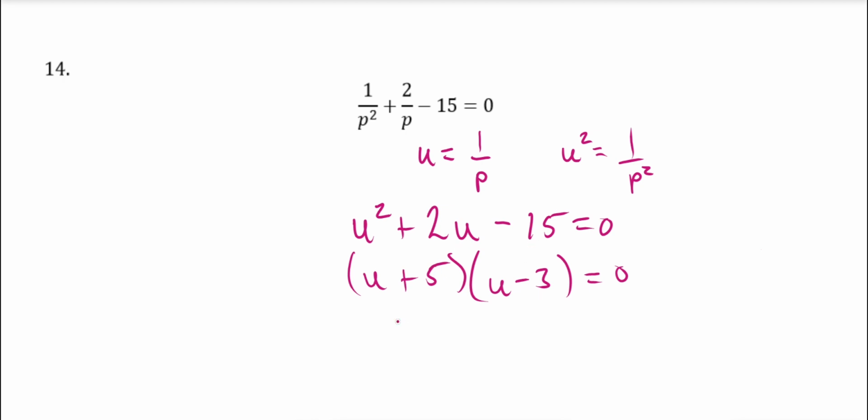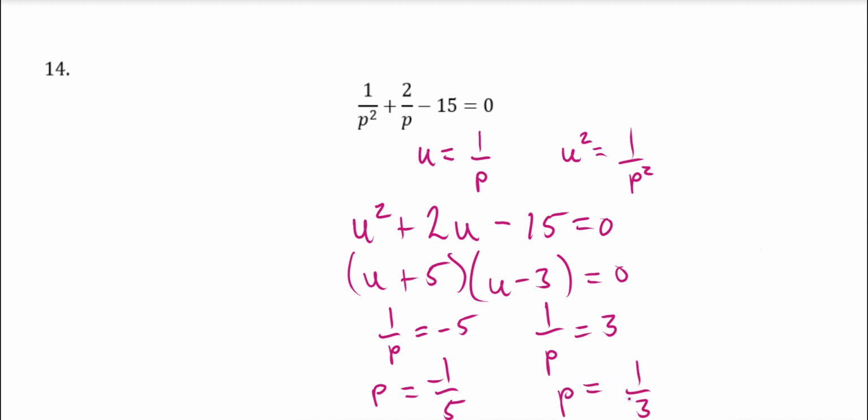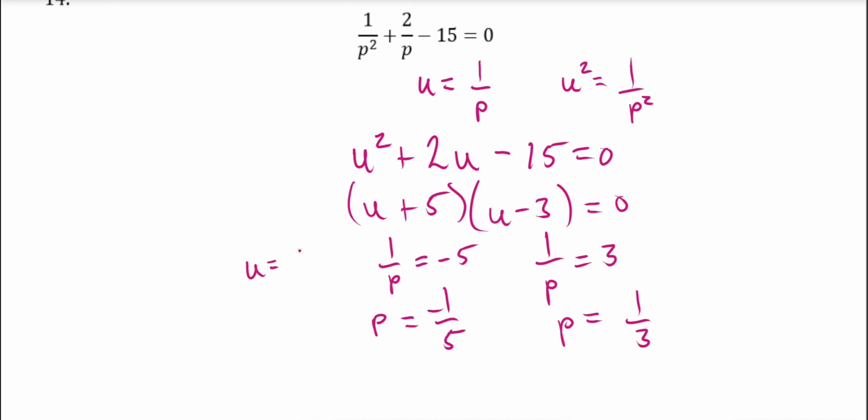Then I could solve 1 over p being equal to minus 5, or 1 over p being equal to 3. Reversing, we find that p is equal to negative 1/5, and p is equal to positive 1/3. And these would be our two roots. This, of course, came from u being equal to minus 5 as a root, and u being equal to positive 3 as a root.